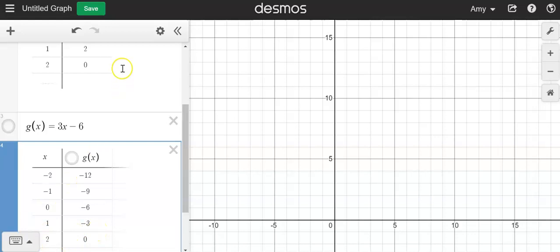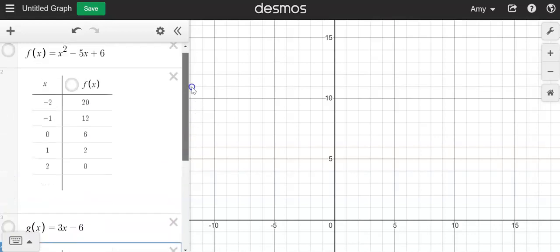So these two functions intersect at the point (2, 0). So that would be one of the intersection points, because for that same input, they have the same output. -2, -1, 0, and 1, they do not.